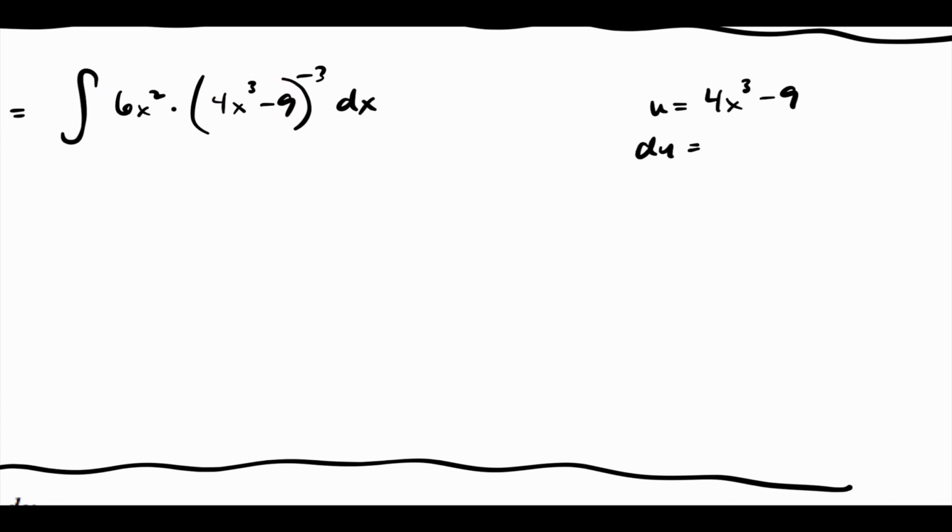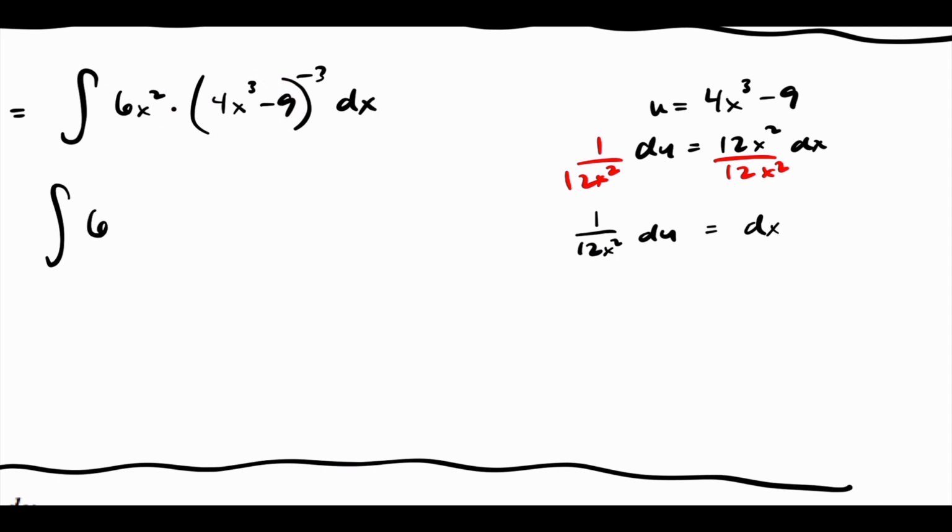So du is 12x squared dx, then divide by 12x squared, 1 over 12x squared. So I get dx equals 1 over 12x squared du. Six x squared.